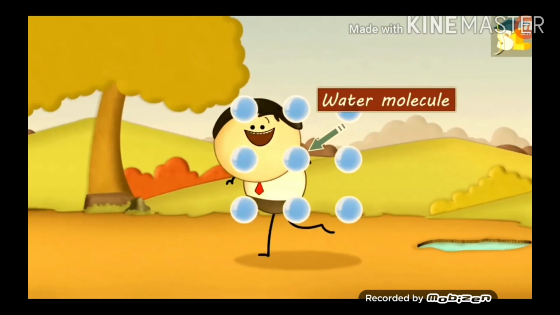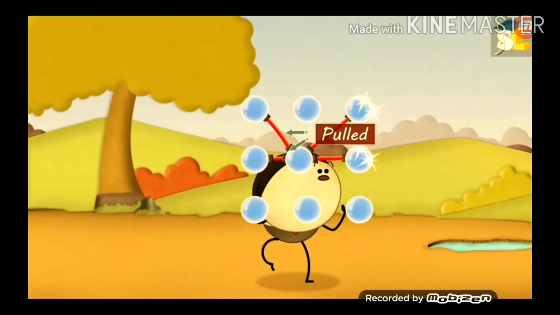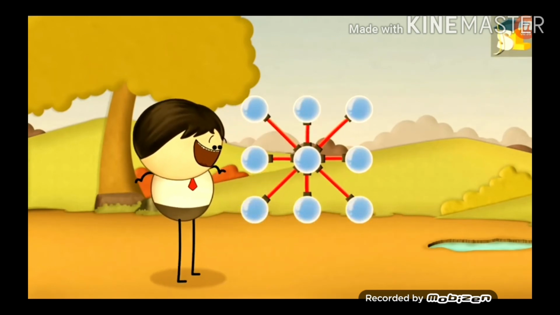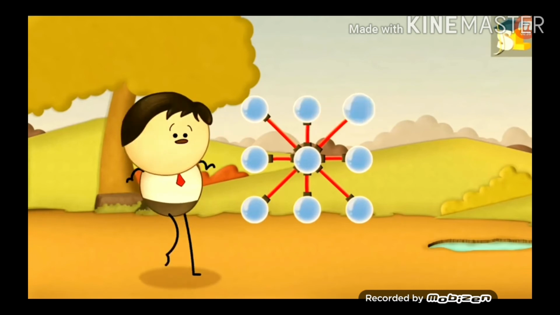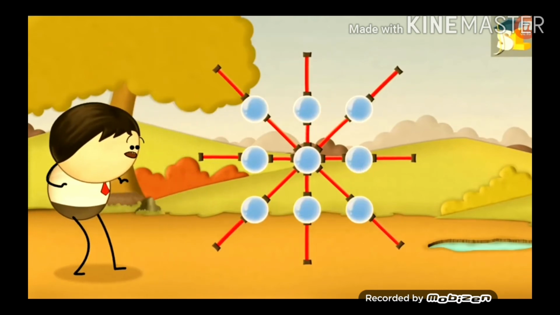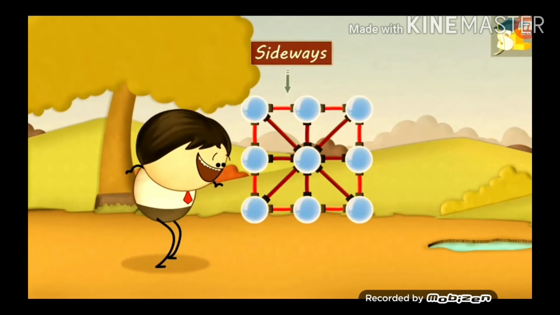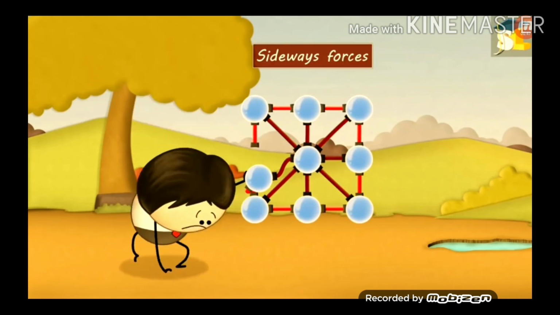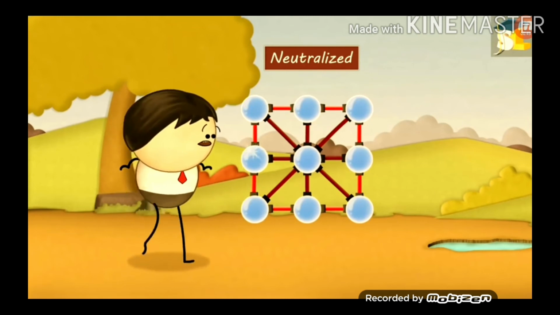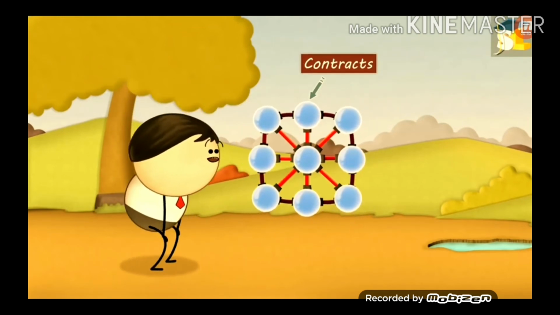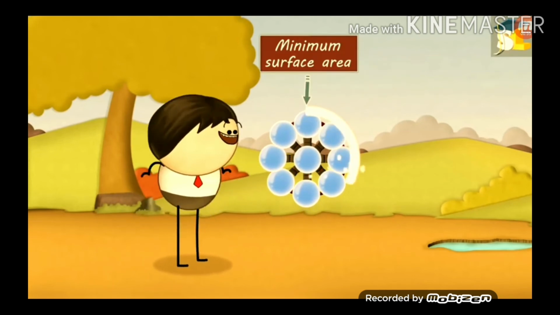Inside a drop, each water molecule is pulled with a force by its neighboring molecules. As these forces are equal and opposite, they get neutralized. However, the molecule present at the surface is not attracted outwards. It is attracted only inwards and sideways. Sideways forces get neutralized, but because of the inward force, each surface molecule contracts to form a shape that has minimum surface area, which is a sphere.